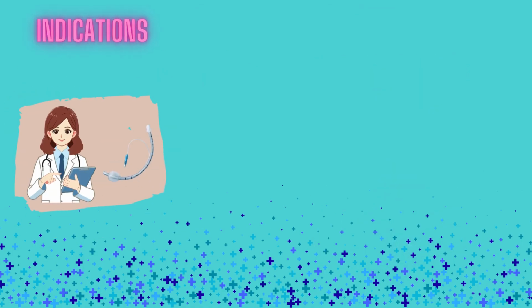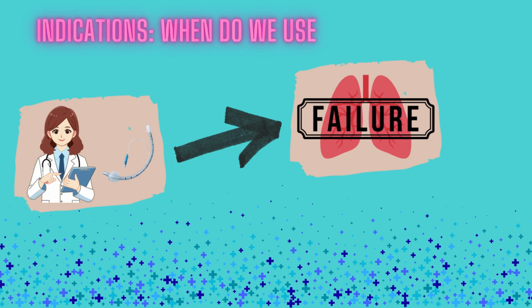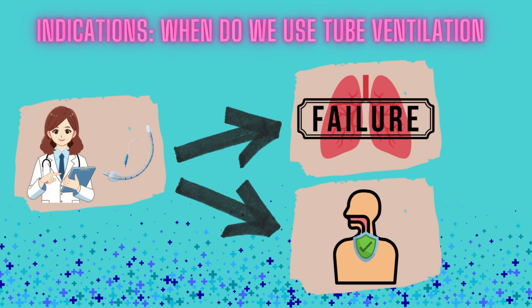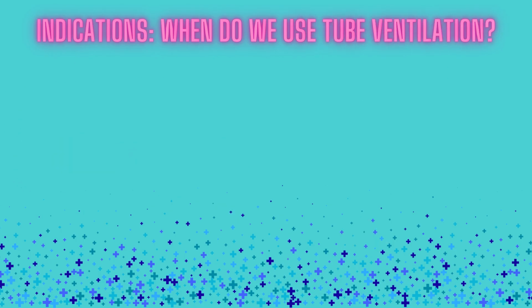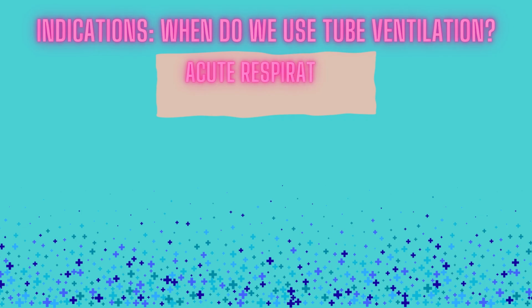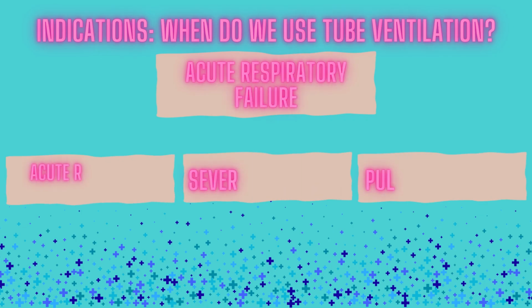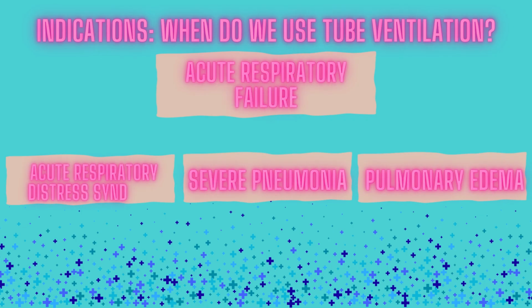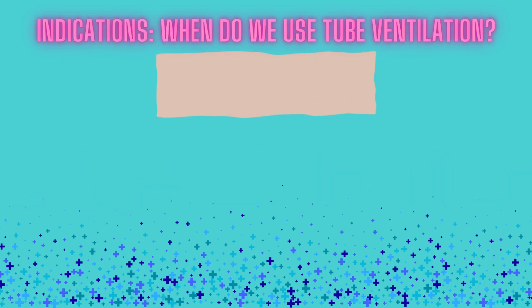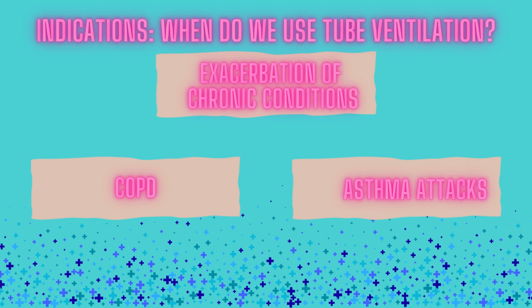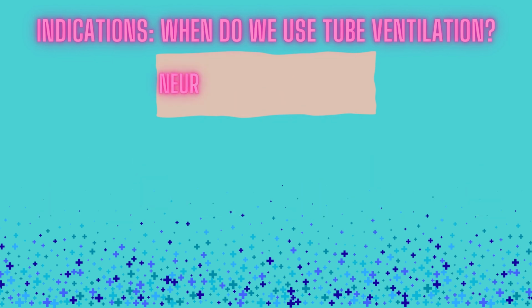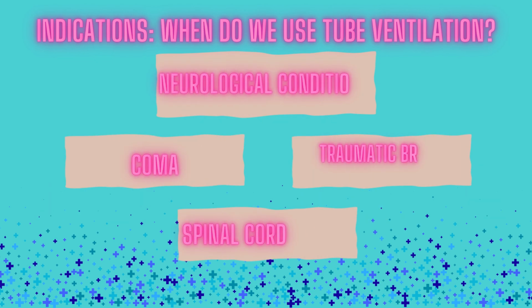Tube ventilation is used when a patient's respiratory system fails or when airway protection is required. Indications include acute respiratory failure from ARDS, severe pneumonia, or pulmonary edema. Exacerbation of chronic conditions such as COPD or asthma attacks, neurological conditions like coma, traumatic brain injury, or spinal cord injury that impairs the breathing muscles.